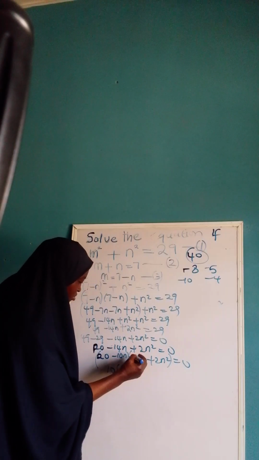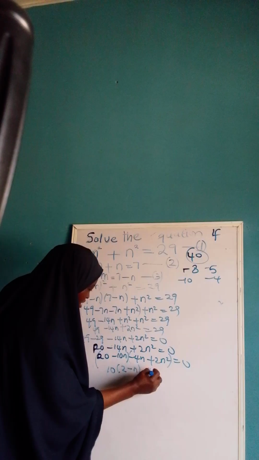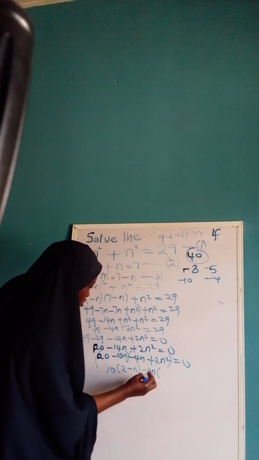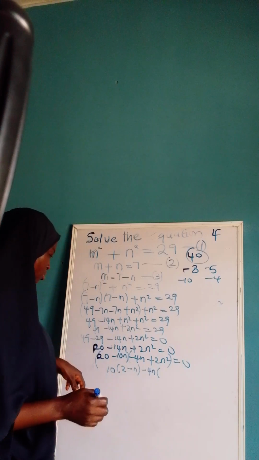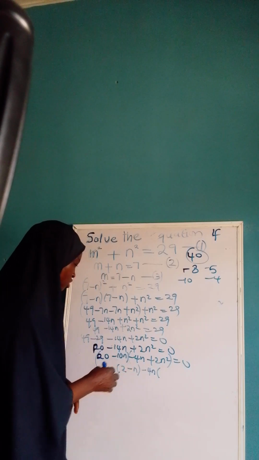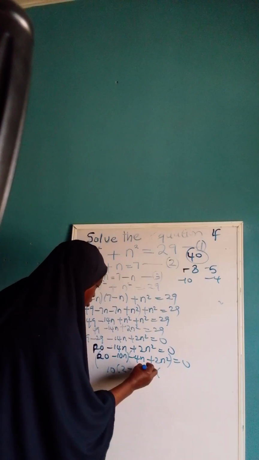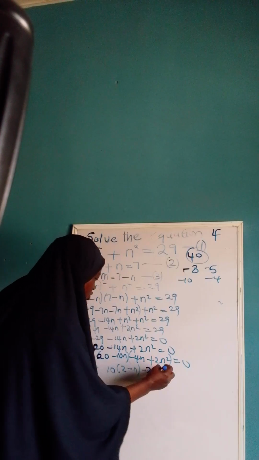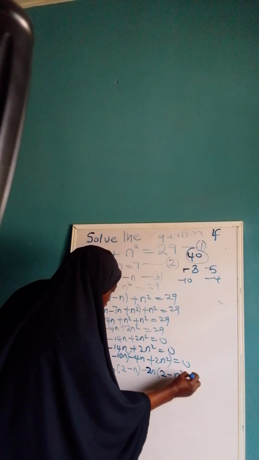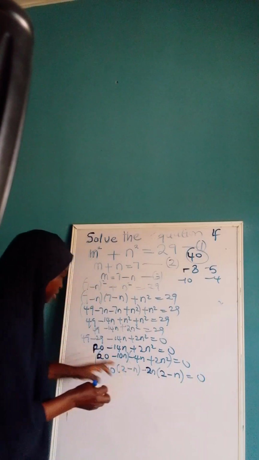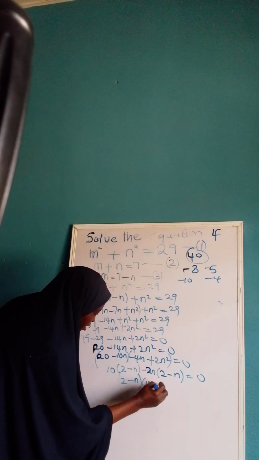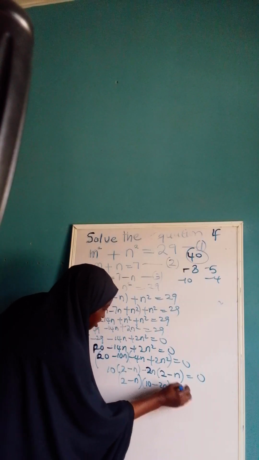What is common here is minus 2n, so minus 2n into 2 minus n is equal to 0. So 2 minus n is common. So 2 minus n into 10 minus 2n equals 0.